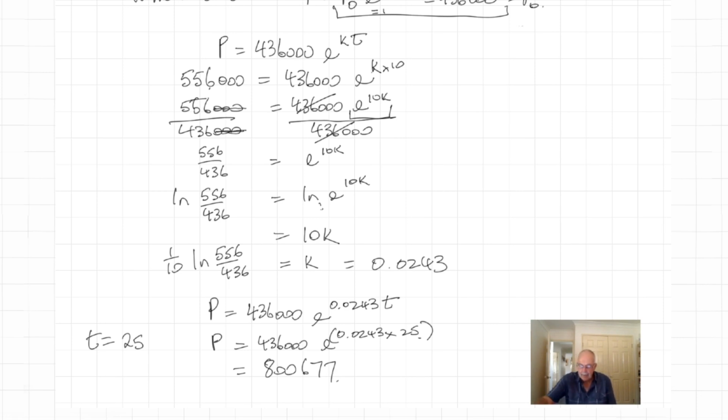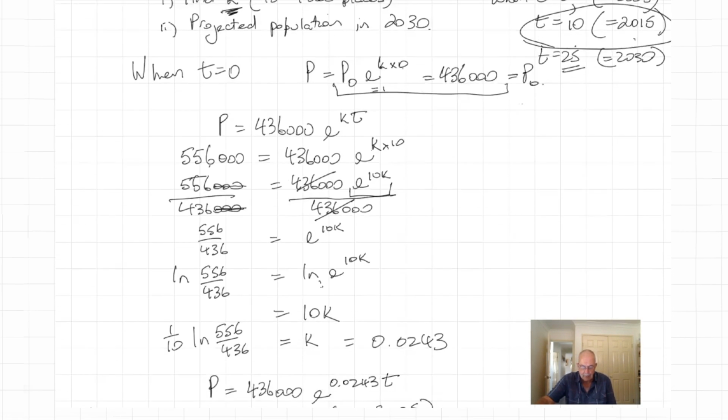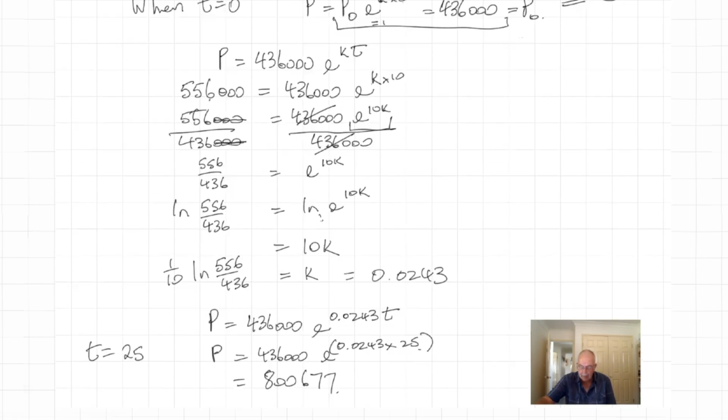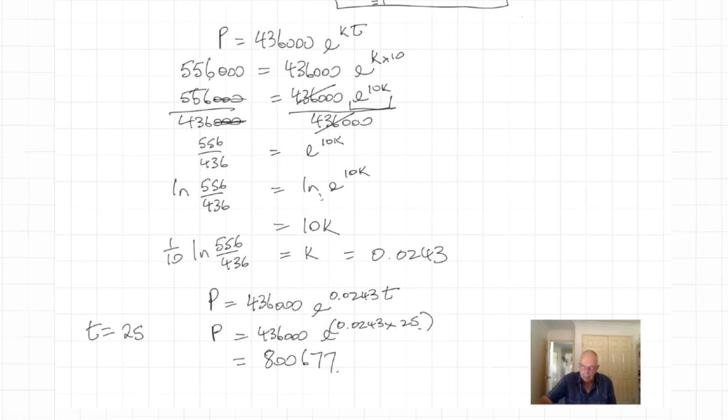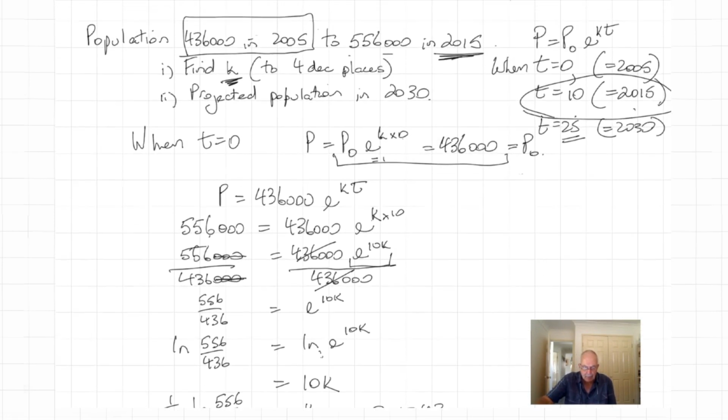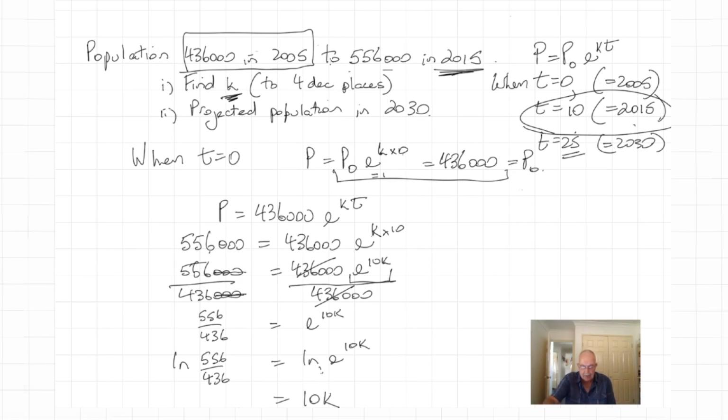So this is an example of exponential growth. There's enough information in the question to be able to work out the growth factor. We were expecting a positive growth factor because the population is actually growing from 2005 to 2015, and then we've got to do a projected for 2030. We use the exponential growth model, and we can use any letters we like.